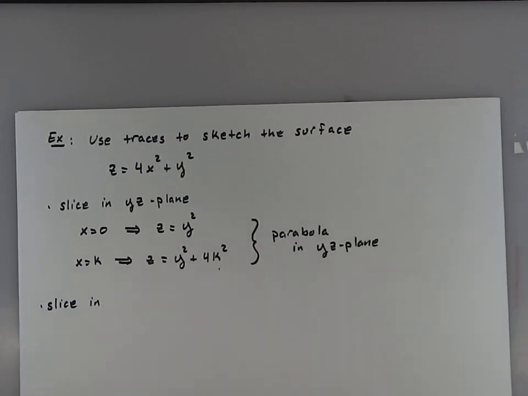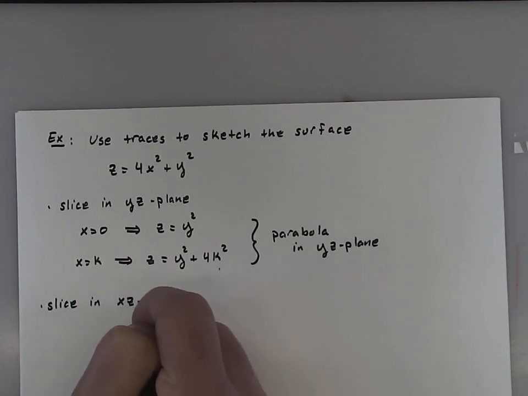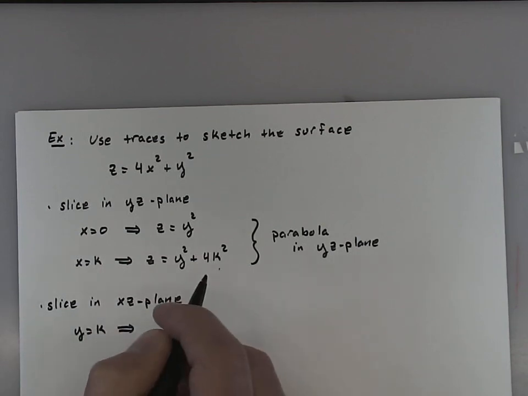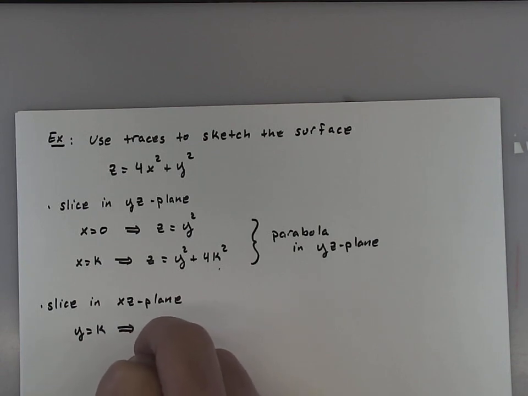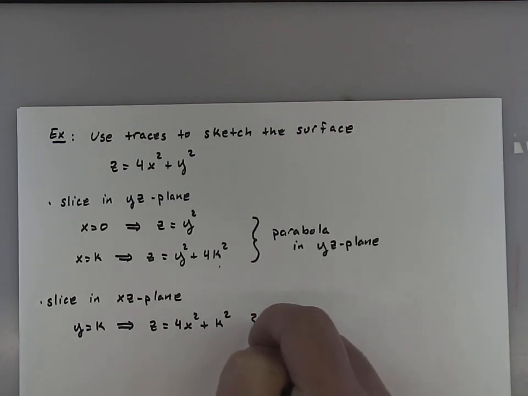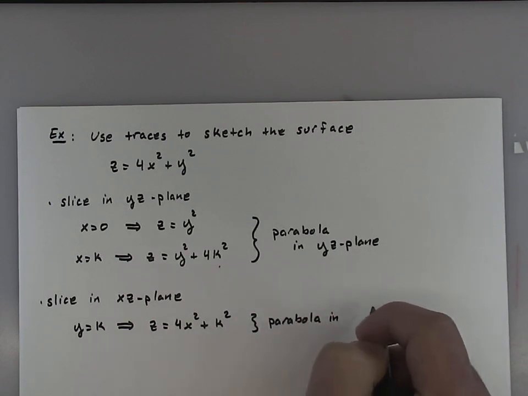If I take a slice in the xz plane, so y is a constant, then I get z equals 4x squared plus k squared. This is also a parabola in the xz plane.